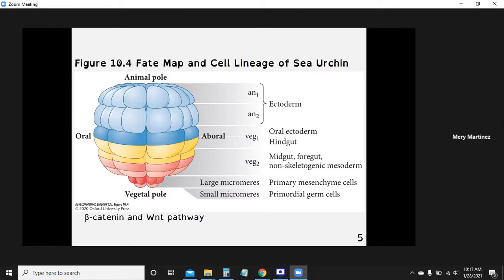If we look at the fate map of the different cell lineages as the egg continues to divide, this is about the 60-cell stage.